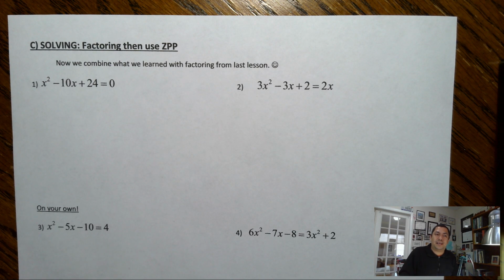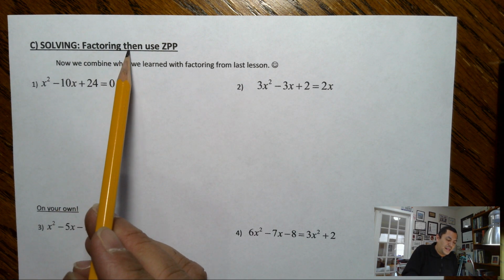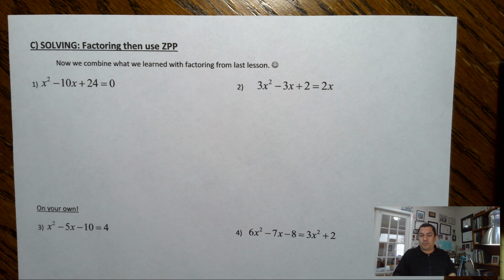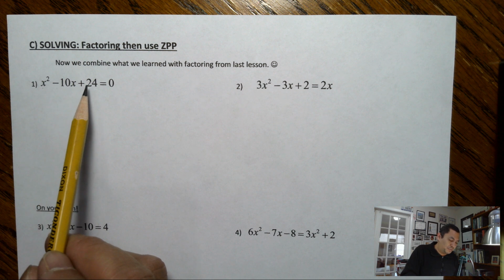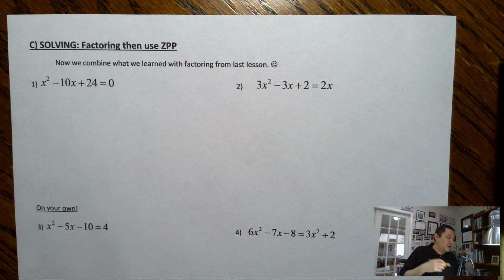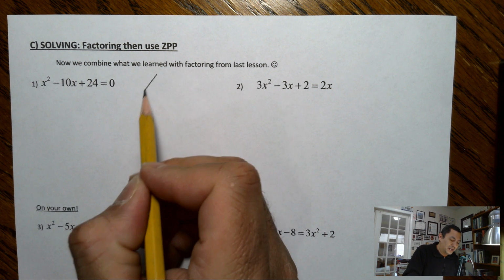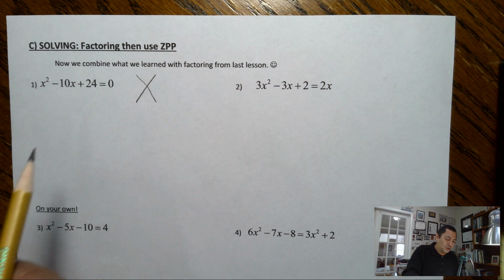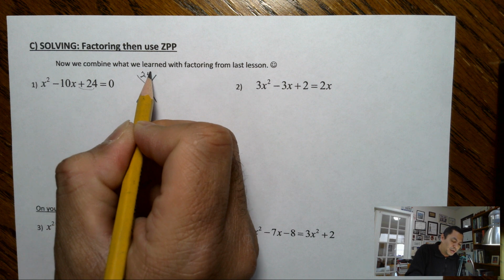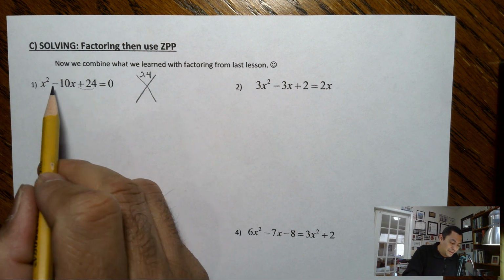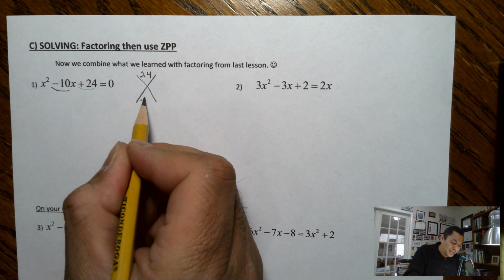Section C says factoring, then use the zero product property. So now we get the function, but it's not factored yet. We need to factorize first. So I have x squared minus 10x plus 24 equals 0. Remember that we've been using the X-box method. So the independent term 24 goes on top of the x, then the middle term goes at the bottom, negative 10.